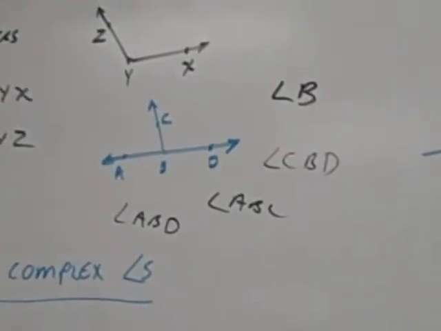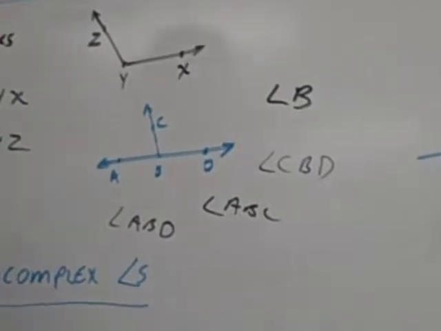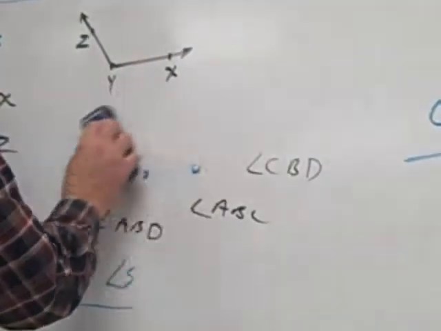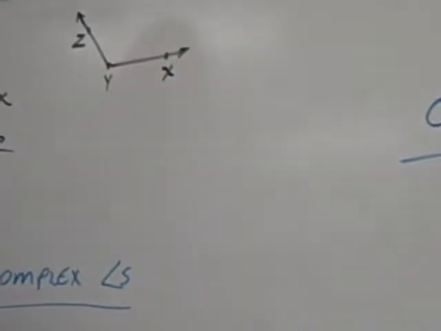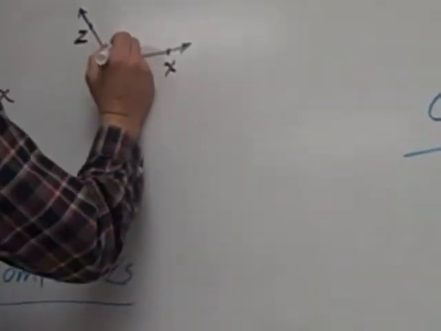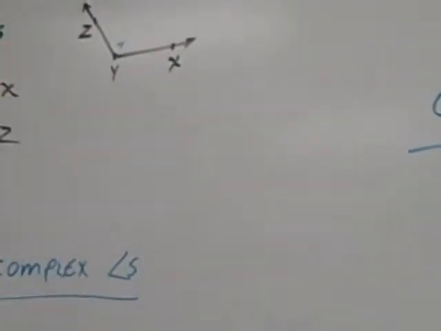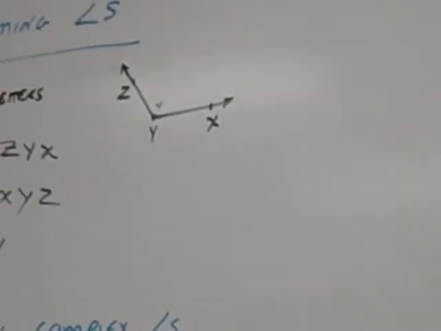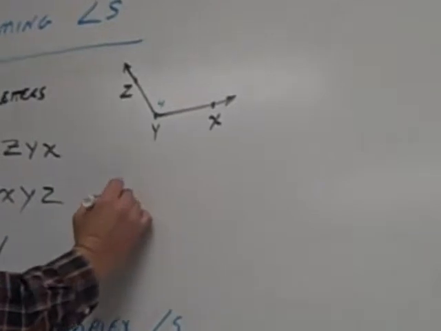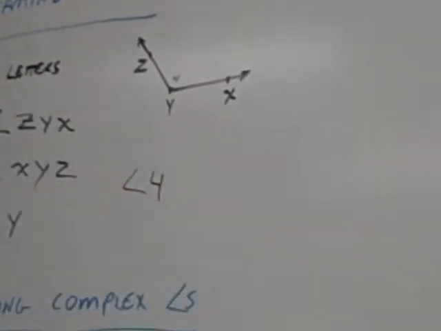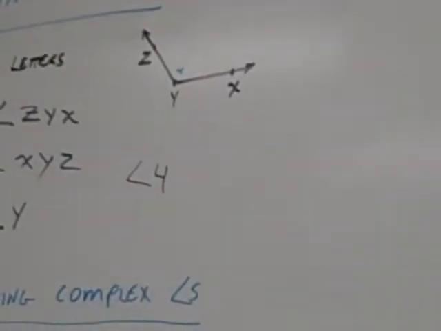Okay? There is one other way to name angles. If they put a number inside that angle without a degree mark, that also could be called angle 4. If there's a number and they're numbering that angle, okay?